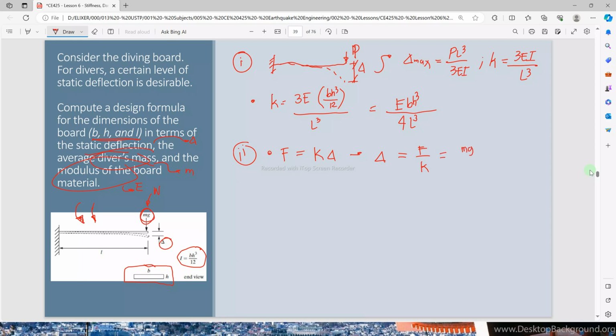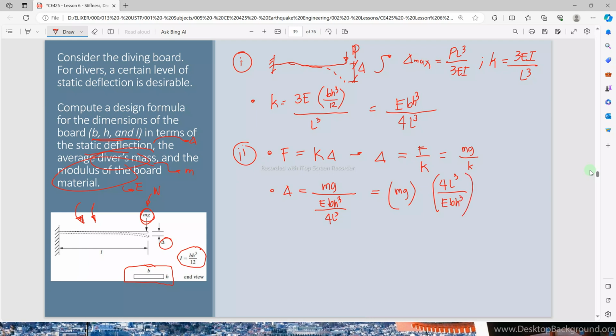That's why we have the mass times the gravitational acceleration over K. So we just substitute the value of K. We have mg over EBH cube over 4L cube. Numerator times the reciprocal of the denominator, we have mg, or mass, times the gravitational acceleration times 4L cube over EBH cube.